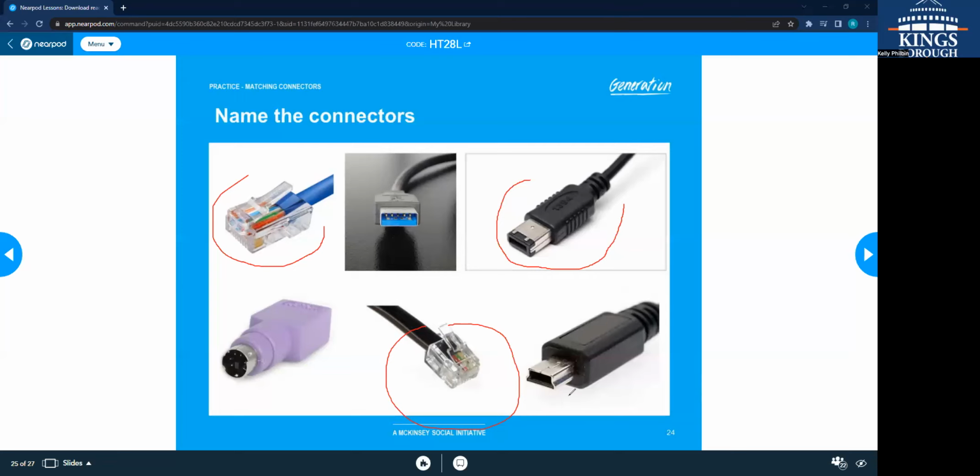Not a phone jack, but close. POTS, which stands for plain old telephone service. Telephone, not television. Plain old telephone service. POTS. So you might hear somebody say a POTS line. Yeah, you definitely might see that on the test.